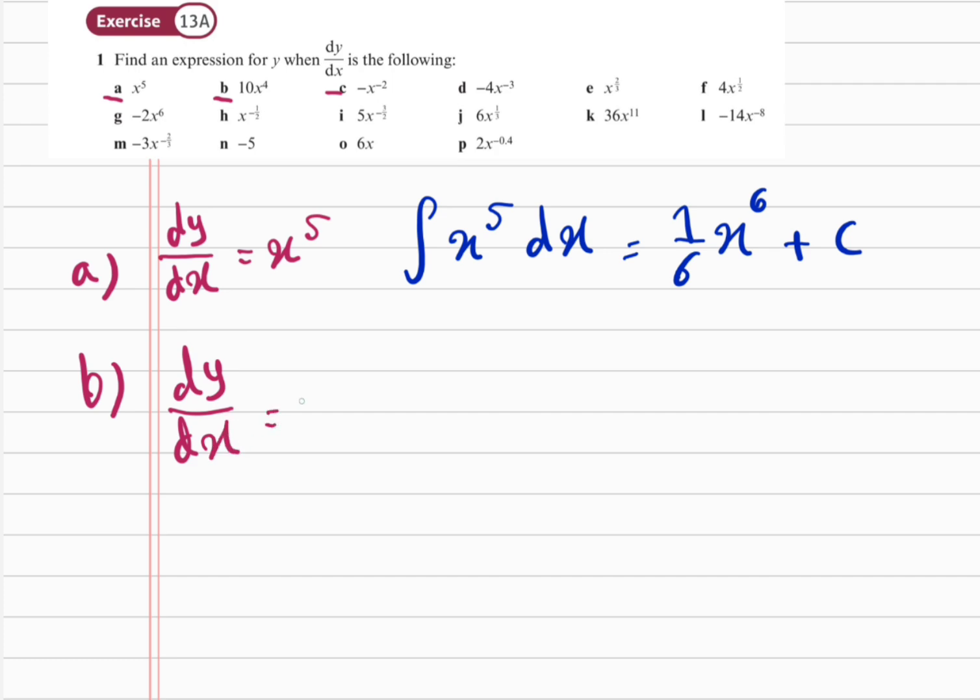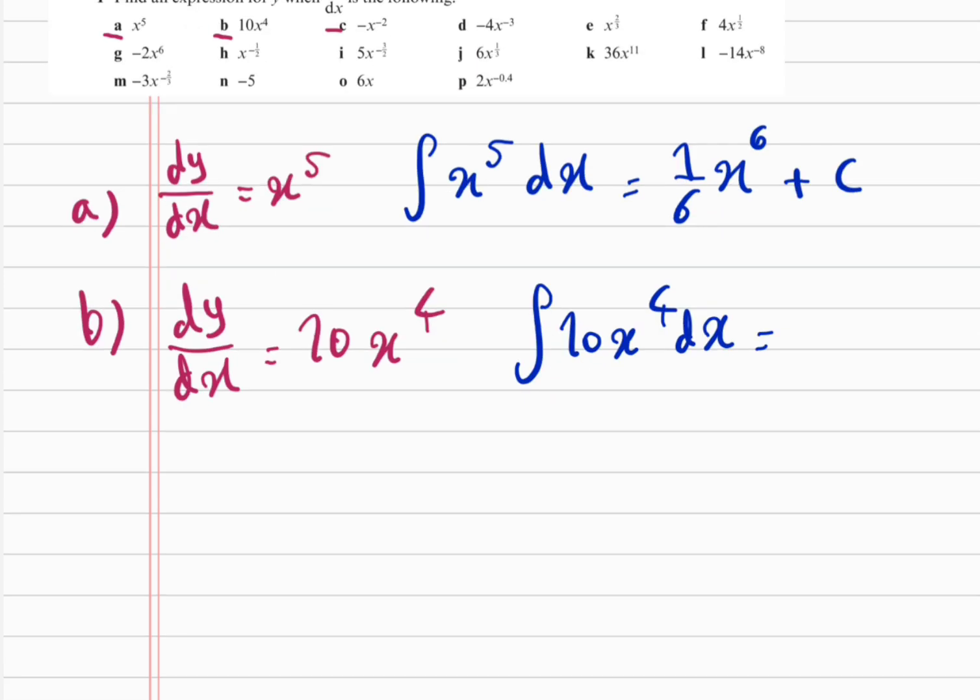For the next part, we have dy dx is equal to 10x to the power of 4. Again, we integrate the function dx. So again, write down the x and then the power plus 1, which is 5. And we also have this 10, but remember, we always divide the function by the new power.